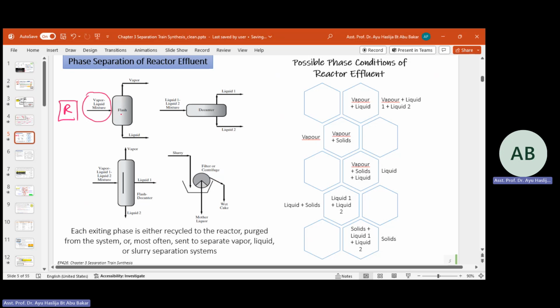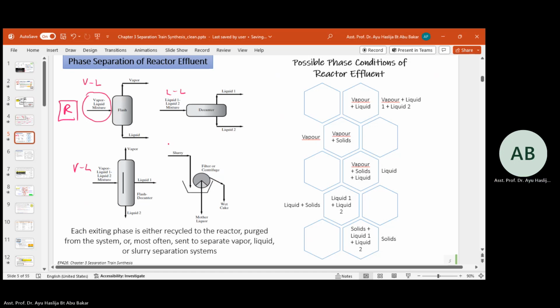In this case, flash. We have flash over here, we have decanter, centrifuge. Depends. Now we have a vapor liquid mixture. We can also have vapor and two liquids mixture. In general, vapor liquid. This one is also vapor liquid. Here is liquid liquid, a liquid liquid mixture.